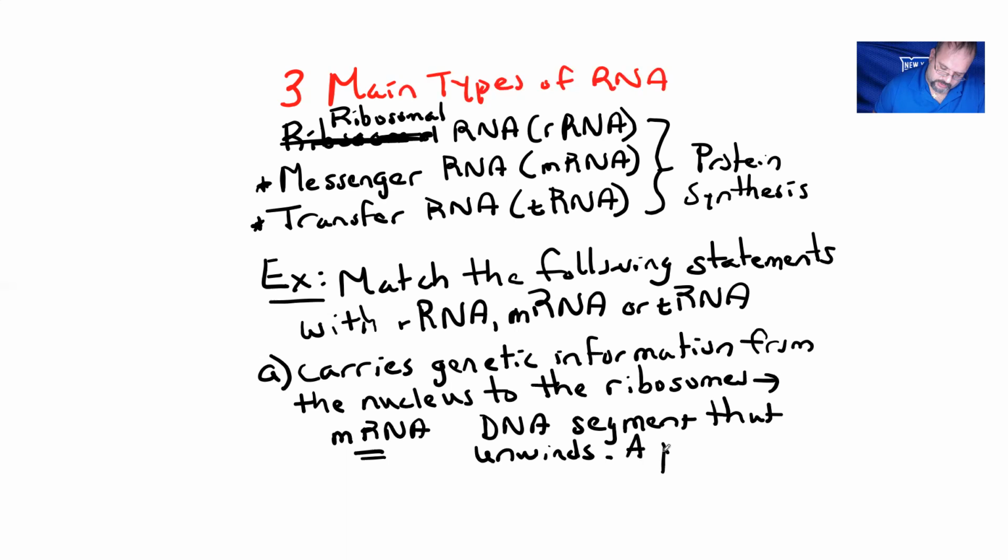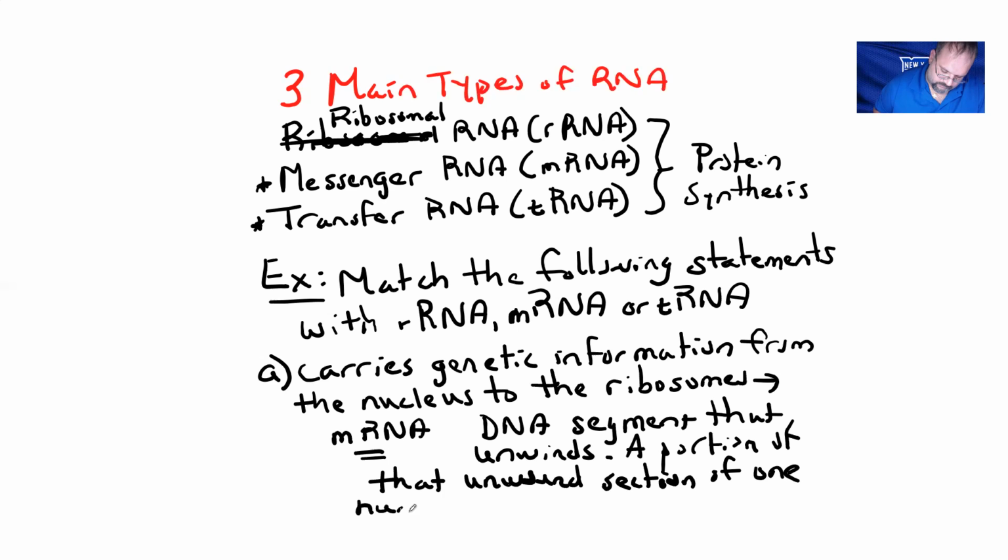And a portion of that unwound section of one nucleotide strand is used to make a messenger RNA.